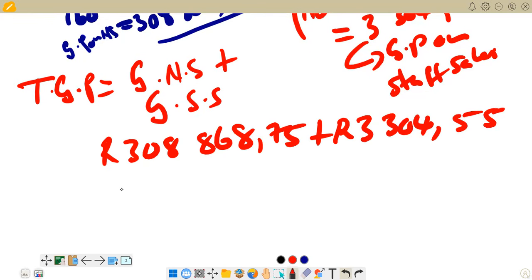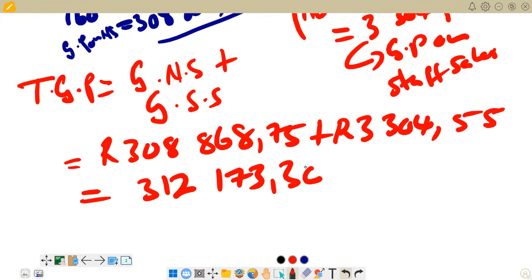So if you add the two, you are going to get 312,173.30. So this is our total gross profit. This is the figure that we are going to take to the trading account as gross profit.